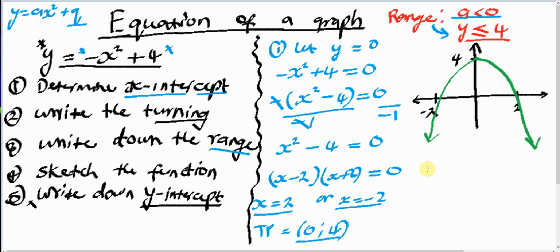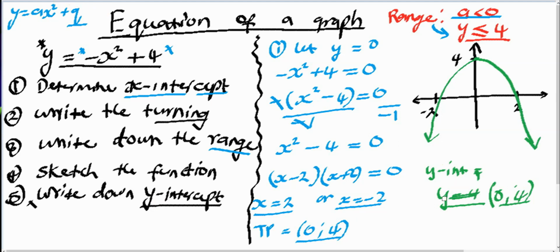So you will just say that y is equal to 4, or you can say (0, 4). Maybe writing a coordinate is actually much better, because the y-intercept is basically a coordinate.